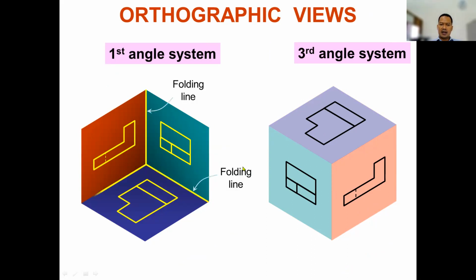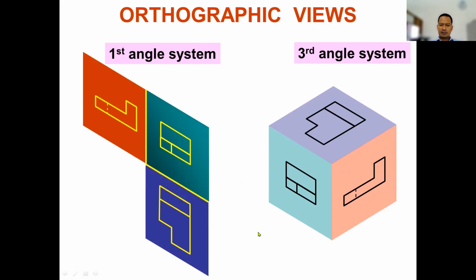This is the folding line, to see the differences. Here we get the projection of the first angle system, and for the third angle system, we also open it at the folding line here.